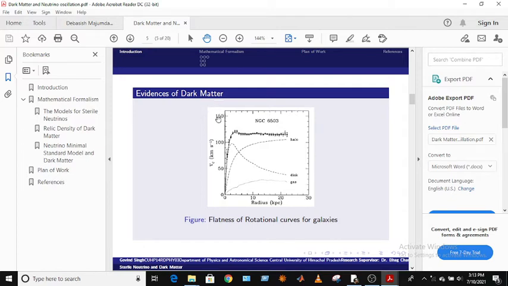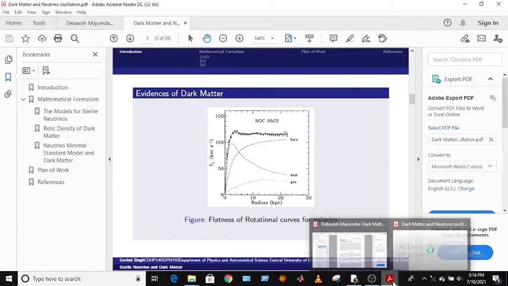This graph is known as the galactic rotation curve. The circular velocities of stars at radial distances from the center of the galaxy give the rotation curve of the galaxy. So a rotation curve of a galaxy is the orbital speed of the stars in a galaxy as a function of the radial distance of the stars from the galactic center.